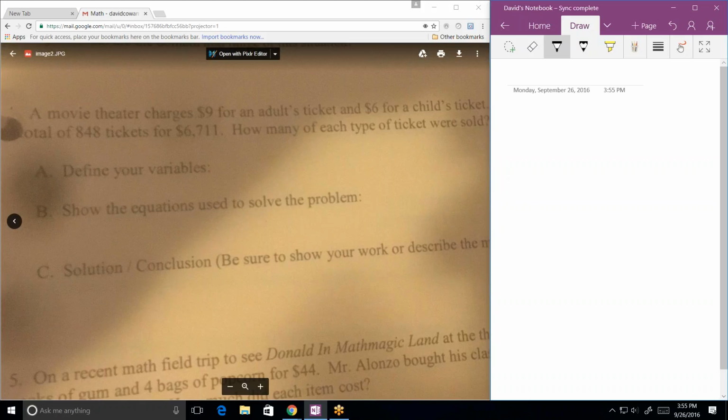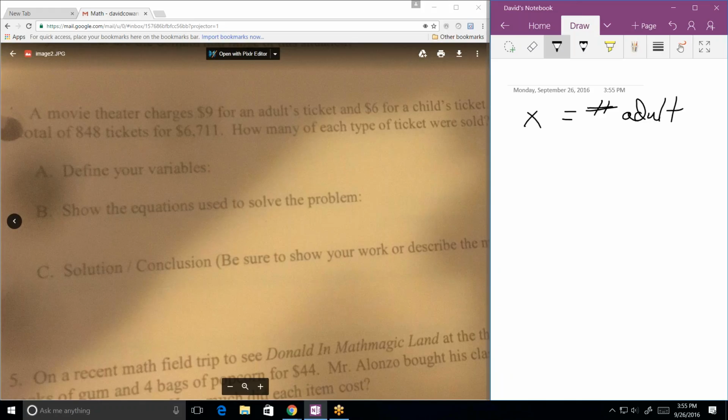X equals what? And Y equals what? X is the amount of adult tickets, and Y is the number of child tickets.